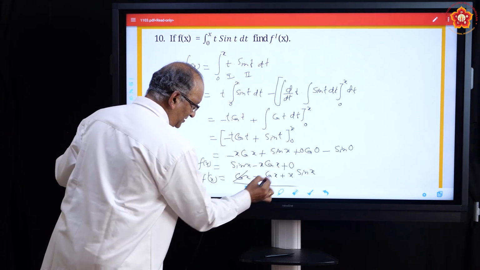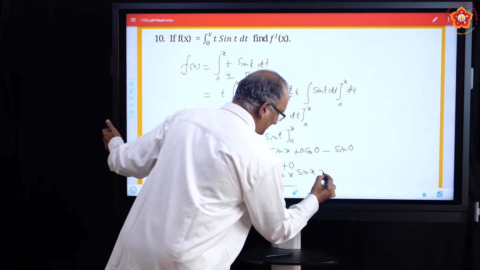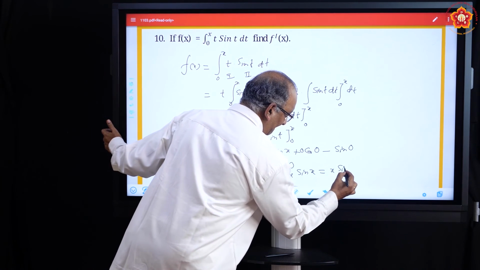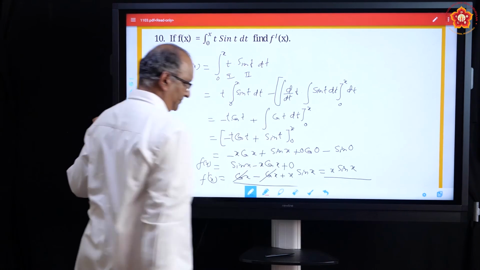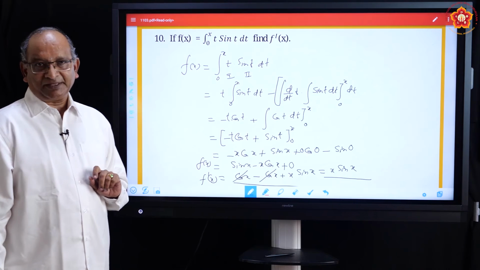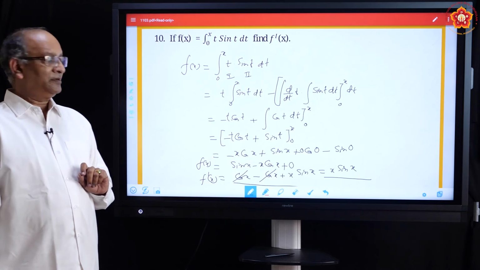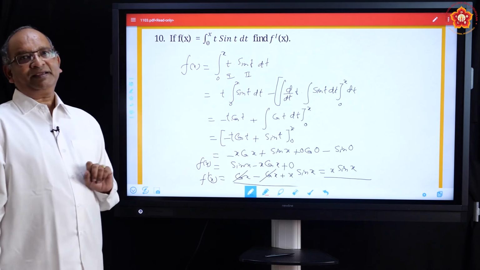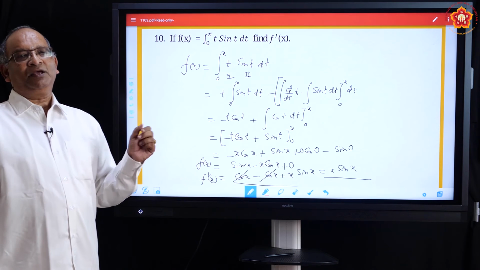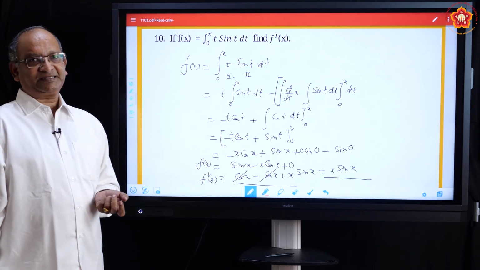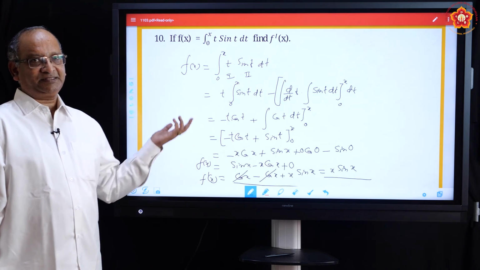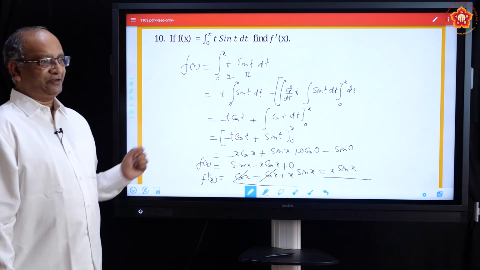Cos x and minus cos x will get cancelled. The answer is x sin x. This is how we solve the problems and we get the correct answer. So once in a while you need to check whether we have made any mistake. If any mistake is there, we'll get to know, and it can be rectified.